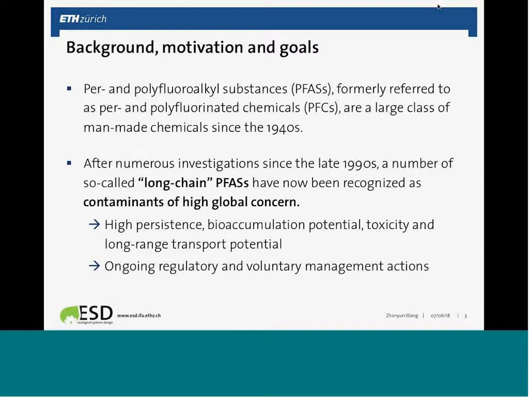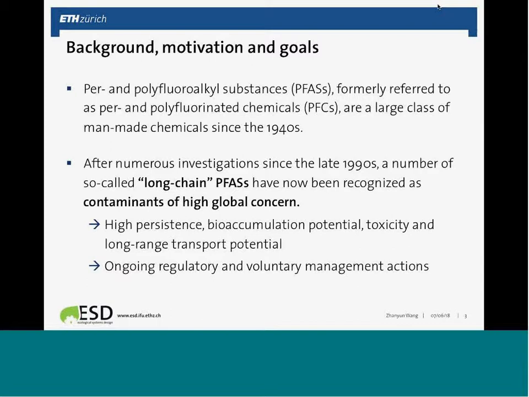Since the late 1990s, there have been a lot of studies on some of these PFASs, and consequently, the so-called long-chain PFASs have been recognized as contaminants of high global concern because they are highly persistent, bioaccumulative, and toxic, and they can be transported to remote regions, far away from the emission sources.